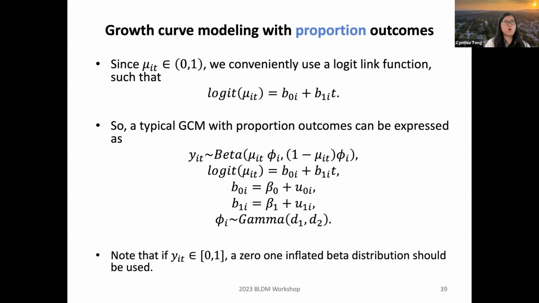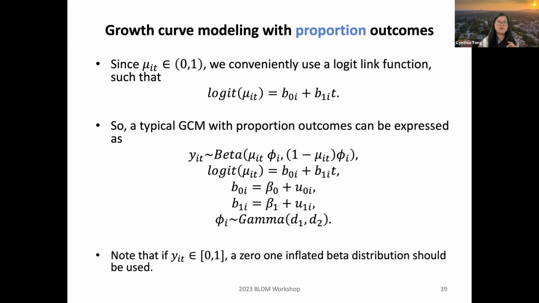I have code to implement these proportion outcome growth curves. Actually, it's the code for the model I just showed you with BMI and body fat percentage, how the growth of BMI influences the growth of body fat percentage.